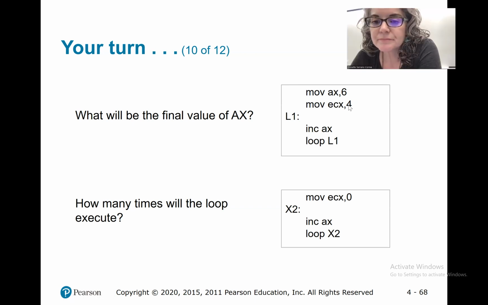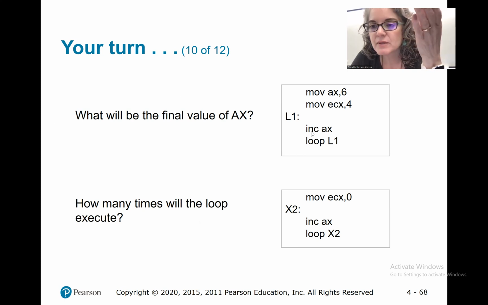ECX is 4. AX starts at 6. So the first time we increment to 6, we increment AX to 7, then 8, then 9, then 10. So it'll be 10 because this loop iterates 4 times.